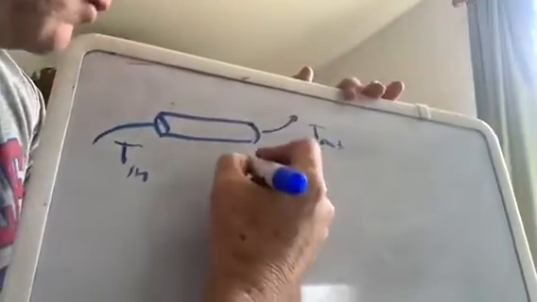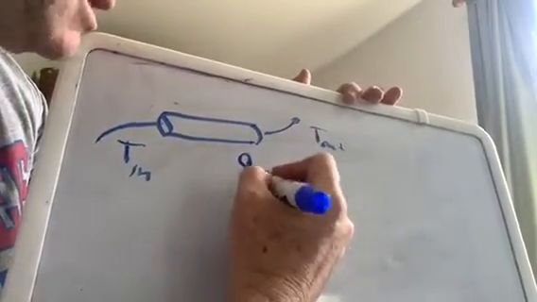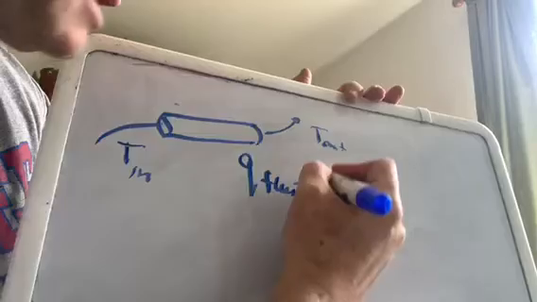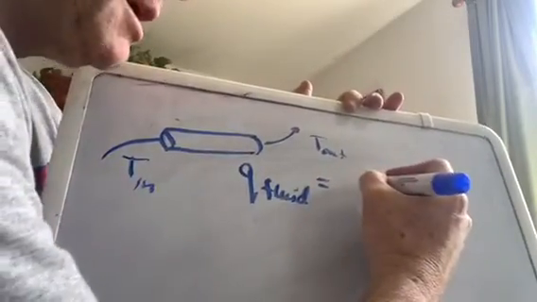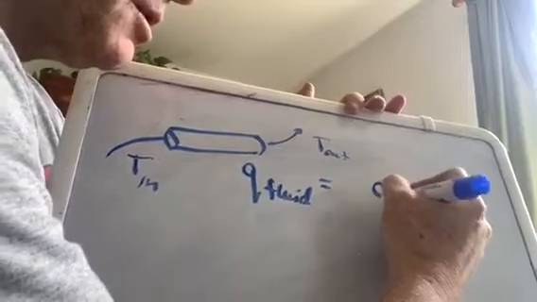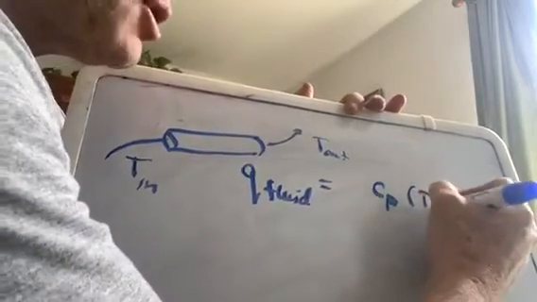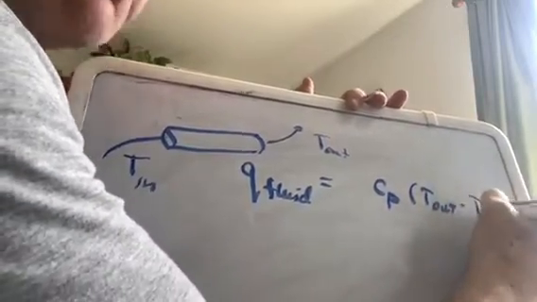Okay, so you've seen various versions of this formula before. The rate that heat goes to a fluid as it flows through some device, either into the fluid or out of the fluid: you take the specific heat of the fluid, and you multiply it by the change in temperature, which we could do as T out minus T in.